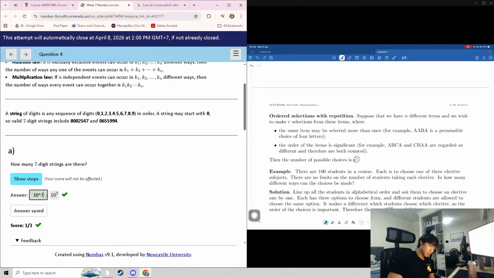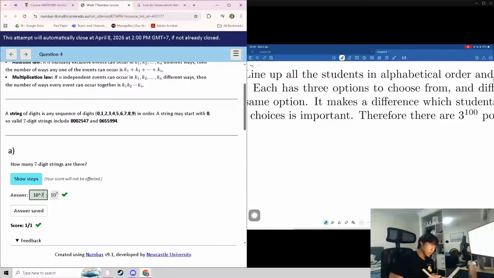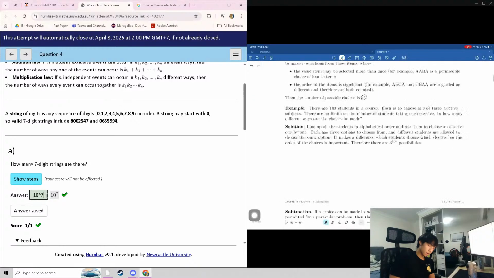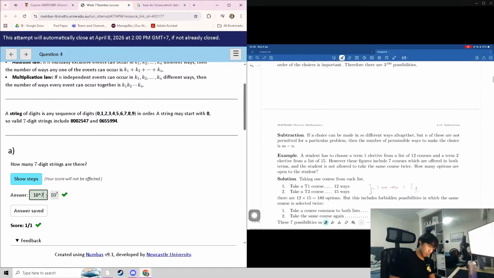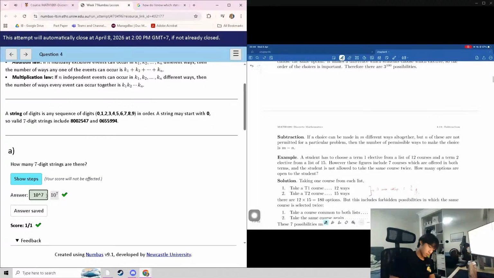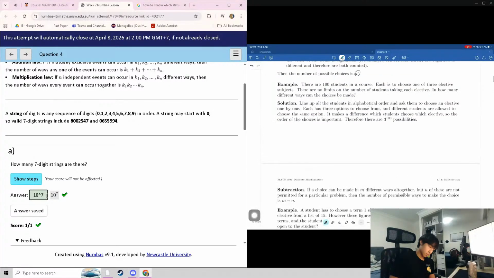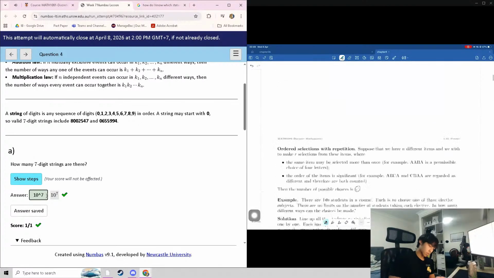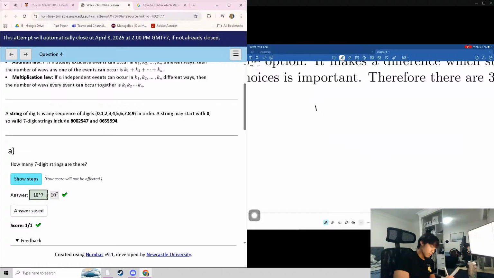Which means, how do we write that? Would it just be make choice?